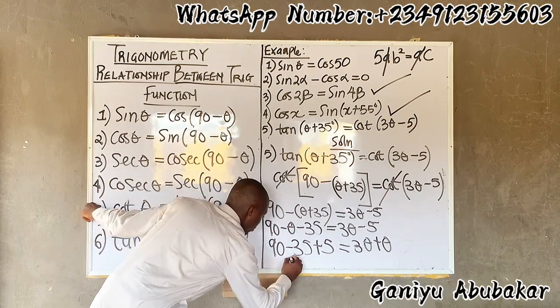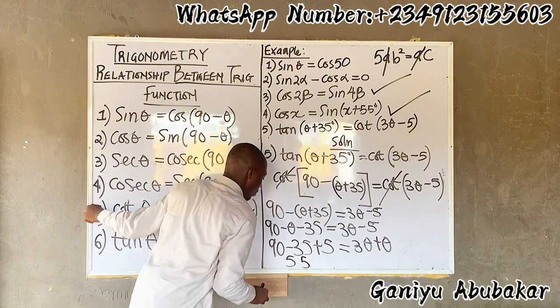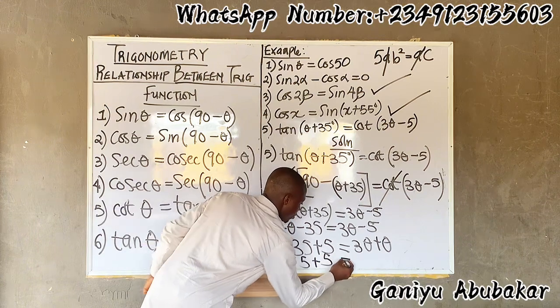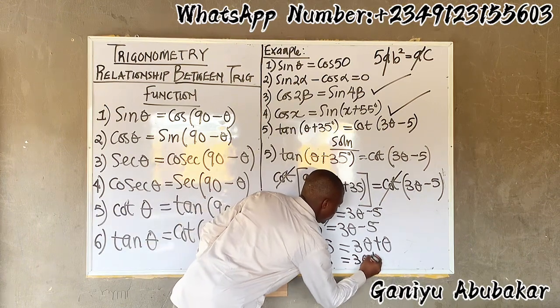So I have 55 plus this 5 here being equal to 3 theta plus theta.